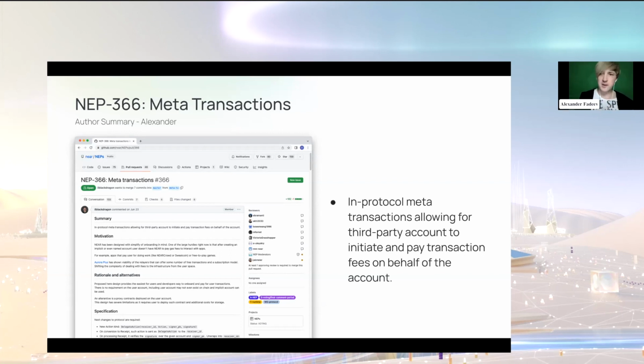So that was our specific use case. While meta transactions enable even more use cases, like the ability to interact with any smart contract, having no NEAR coins at all to pay gas.